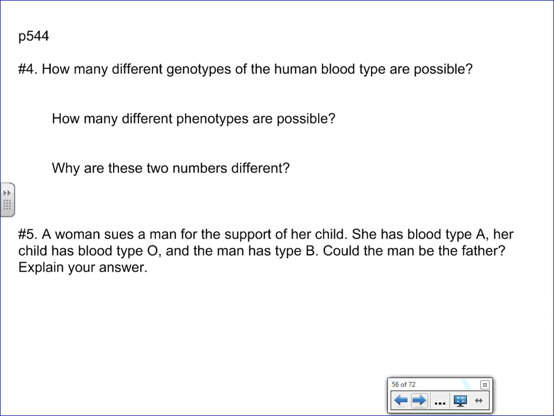All right. Page 544, number 4. How many different genotypes of the human blood type are possible? All right, so we can have AA, we can have AO, we can have BB, we can have BO, we can have AB, or we can have OO.